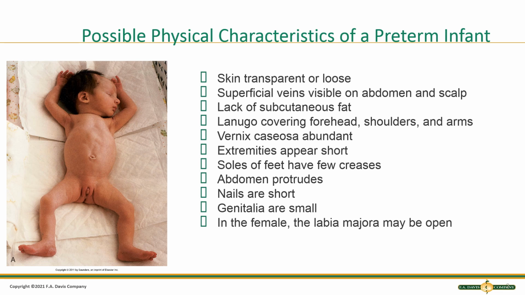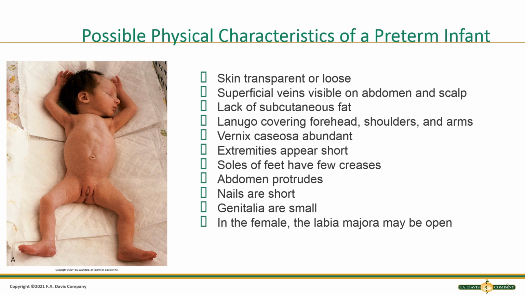So when you have a preterm infant and you look at socioeconomic status, maybe the mother was a habitual cigarette smoker. Maybe there's a history of premature births. Maybe there is a history of spontaneous abortions, therapeutic or spontaneous. Maybe there was little or no prenatal care.